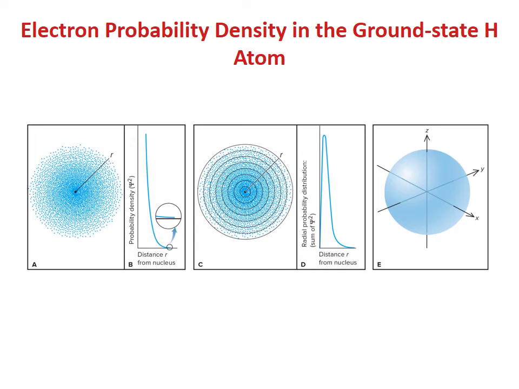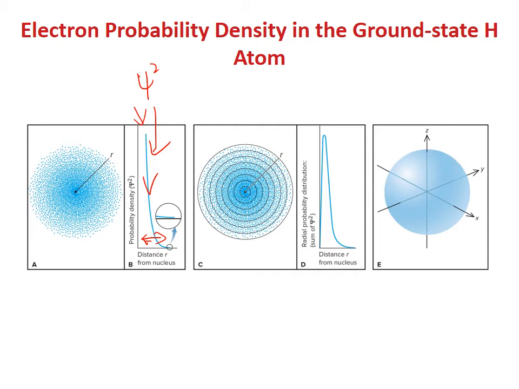Here are different ways to describe electron probability location. By solving the Schrödinger equation, we find psi, and we square it and plot psi squared as a function of distance. Closer to the nucleus, when distance is very small, we find very high probability density. When distance increases from the nucleus, the probability density decreases.